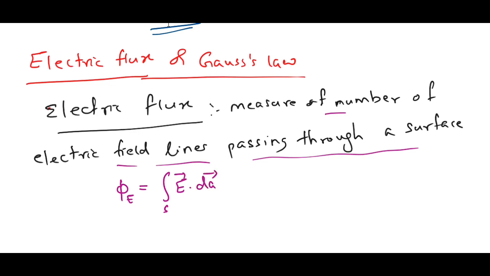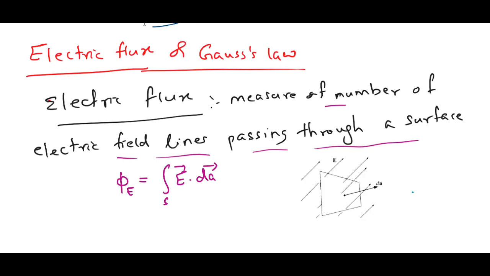Let us consider a surface. In this surface, dA is the area vector that is perpendicular to the plane of the surface, and E is the electric field. In E dot dA, theta is the angle between the electric field and the area vector dA. How can these electric field lines be produced?